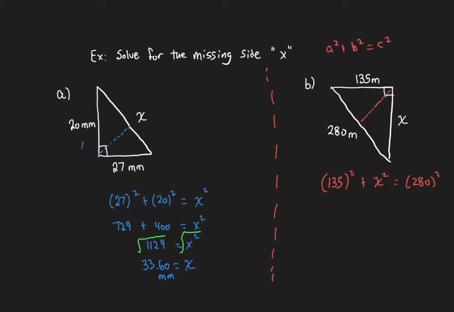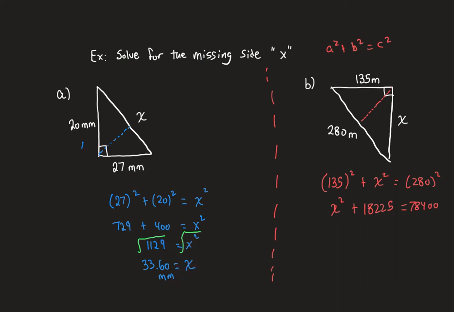Okay, so just like we did before, let's expand. All right, so you're going to get, I'll write the x squared first here, x squared plus 135 squared is 18,225. It's equal to 280 squared is 78,400. All right. Now, you can't take the square root yet. Just like we did over here, we took the square root because we had the x by itself.